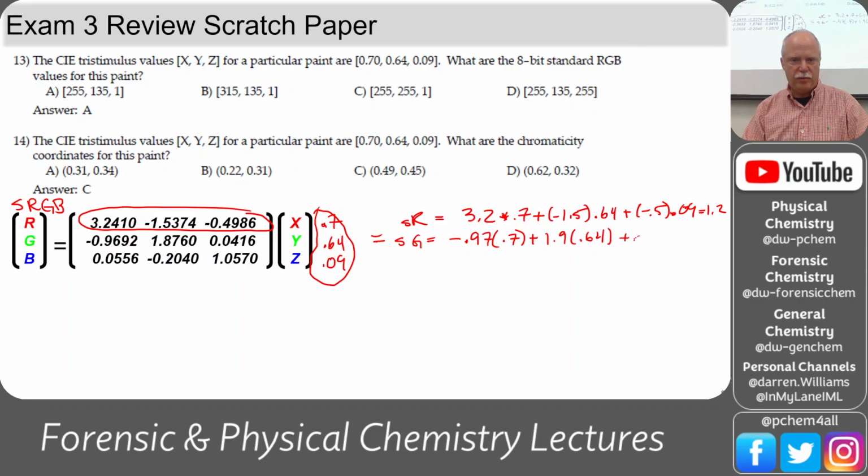And then plus a 0.04 times a 0.09. So 0.7 enter, times minus 0.97, then 0.64 times plus 1.9, then 0.09 times plus 0.04. That gives 0.54.